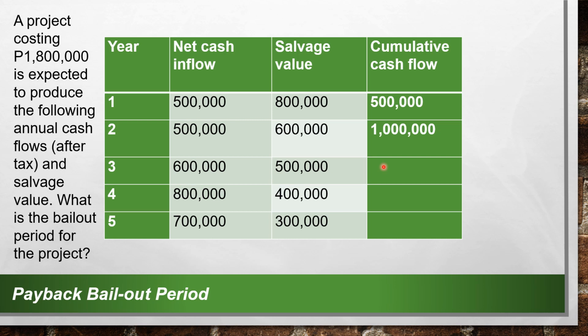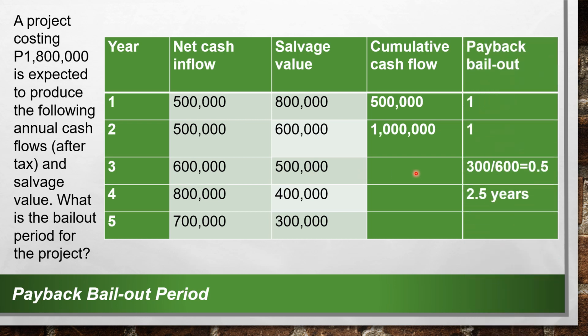So we need here to get 300,000, right? So only 300,000 will be needed here. So 300,000 divided by the current cash inflow for that year, 600,000, and that will give us 0.5.